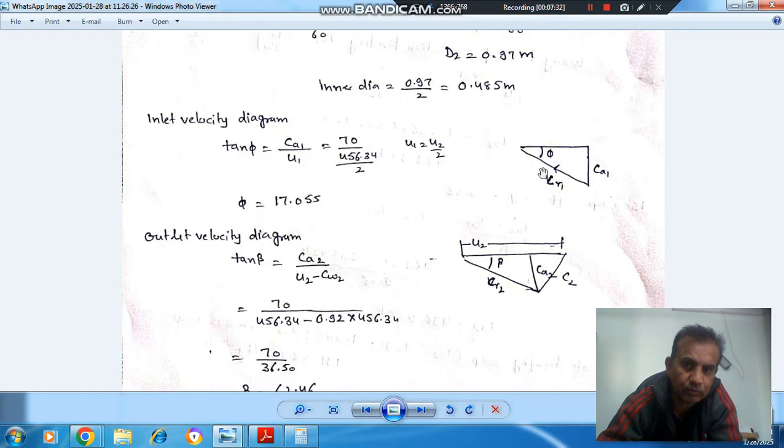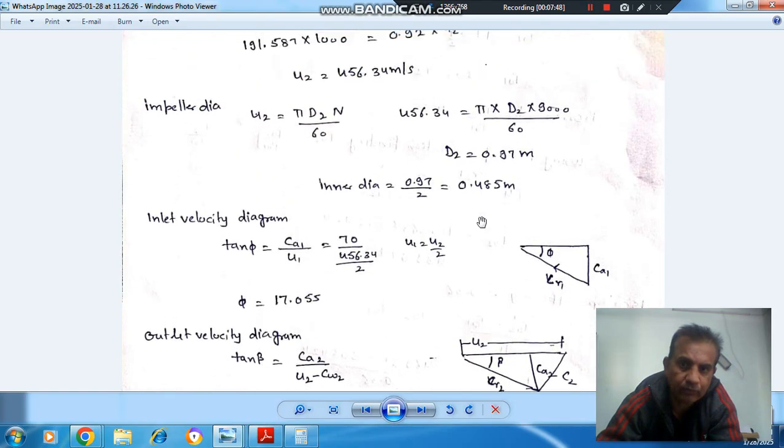Now this is your inlet velocity diagram that we have drawn in the first figure also. This is CR1, this is CA1, that is given as 70, and the outlet blade speed we have calculated as 456.34. The outlet diameter is double the inner diameter, so the speed will also be double at outlet compared to inlet.